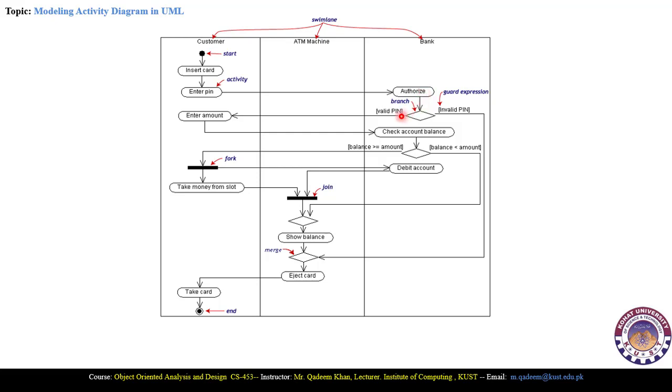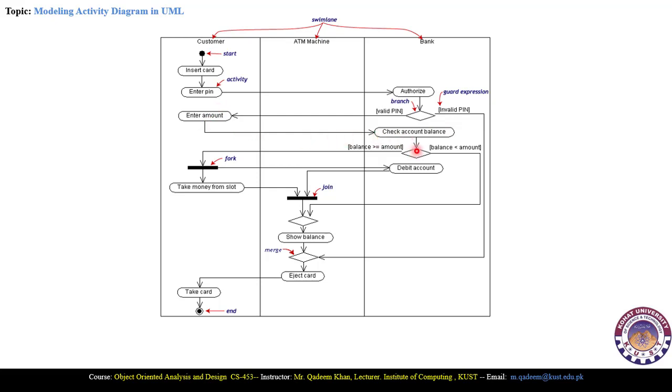If the PIN code is valid, then execution will again go to the customer's module. If it is invalid, then the card will be rejected. So eject card, take card and end will be performed here. But if the PIN code is valid, then enter the amount to withdraw from the ATM, then check the account balance.